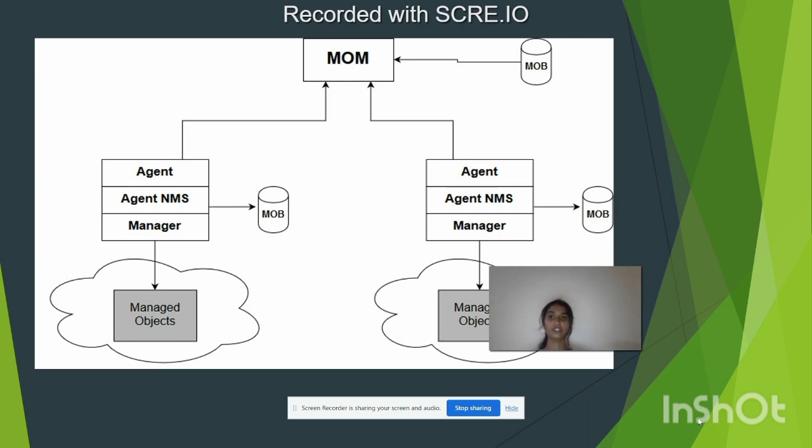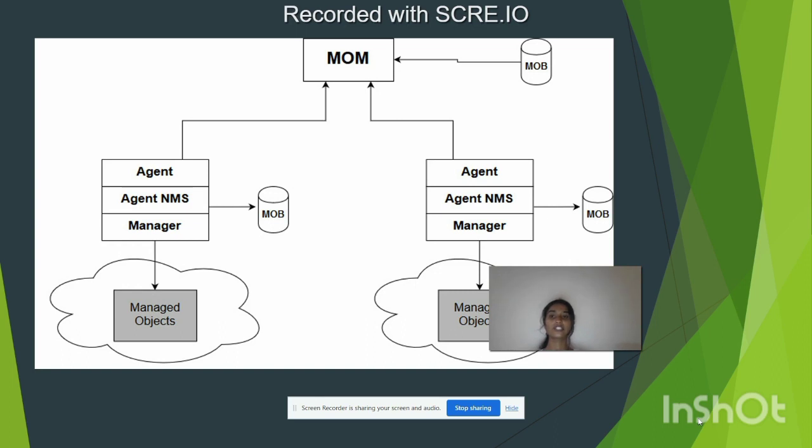It has the agent of the network management system and manager in both global and local networks, where the function is to collect the information and transmit it to the top layer of the manager.